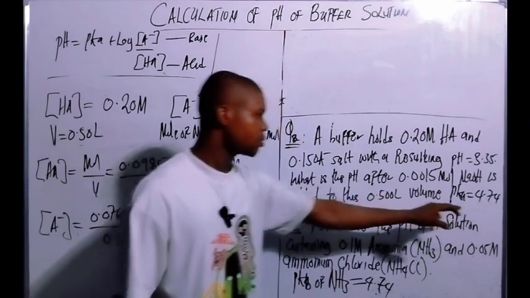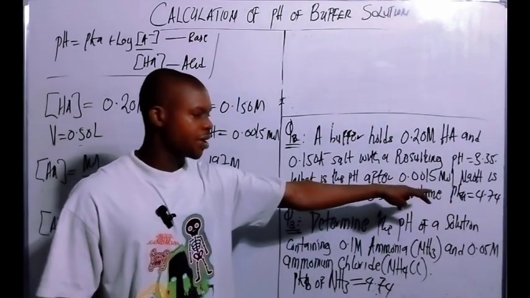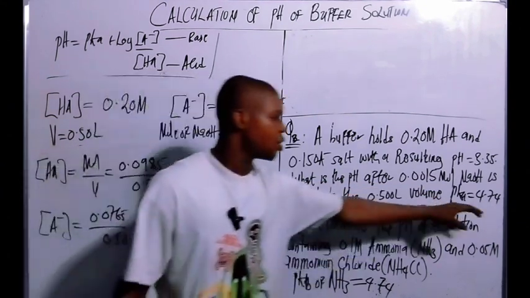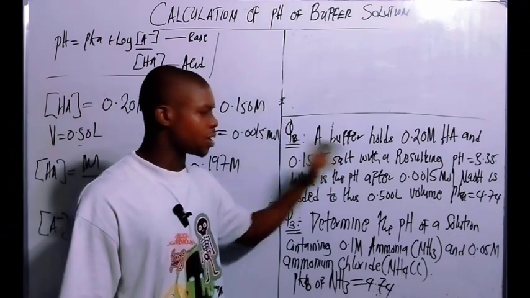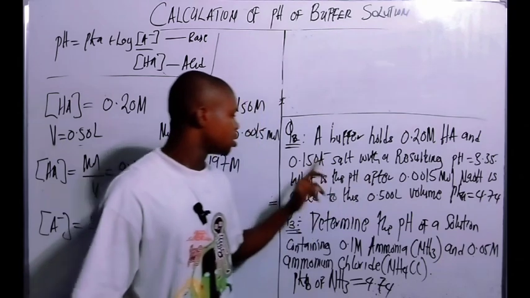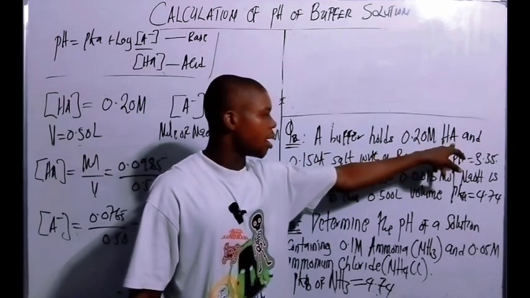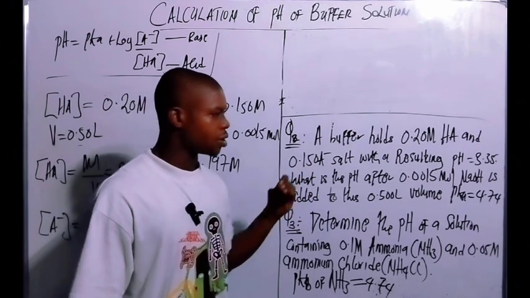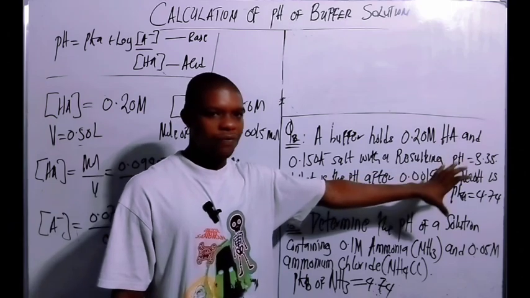If you are not given the pKa, obviously you have to calculate it, using the pH and the initial concentration of the acid and base. But here it has already been given to you, so you don't have an issue with that.